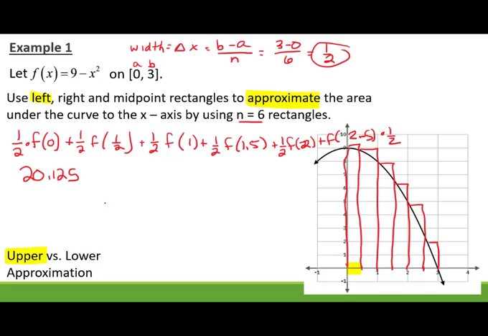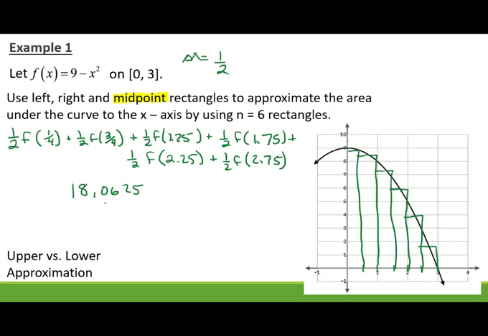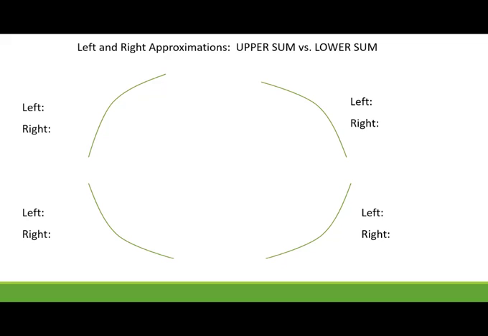Okay, one last thing I want to talk about with us today is our left versus right and our approximations. Okay, so let's say we have here, this is where my curve is. These are where my axes are.